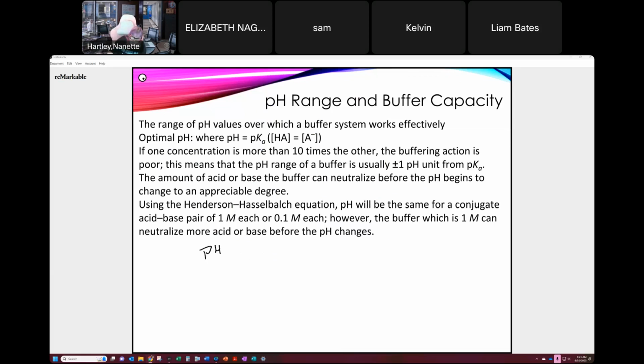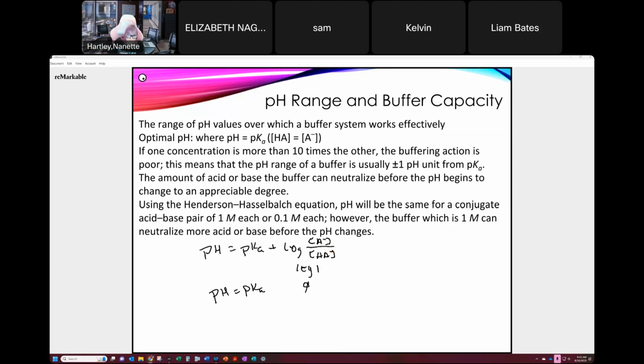So remember, Henderson-Hasselbalch is pH equals pKa plus the log of the concentration of the A minus, the base, over the acid, HA. Okay, if these two are equal to each other, then we get the log of 1, and the log of 1 is 0. So pH equals pKa.